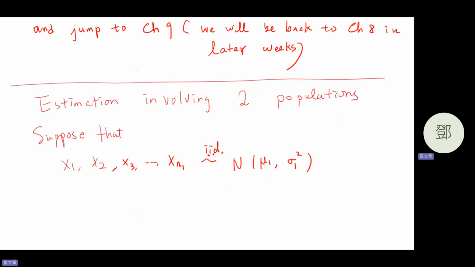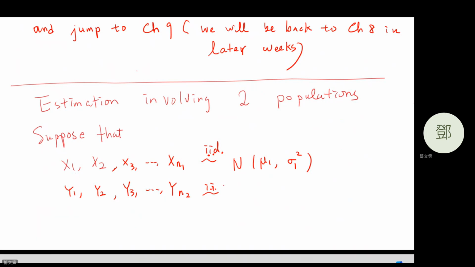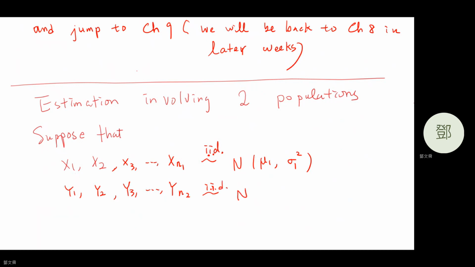Okay, and we have y1, y2, y3, all the way to yn2. They are also IID normal random variables with mean mu2 and variance sigma 2 squared, understand?